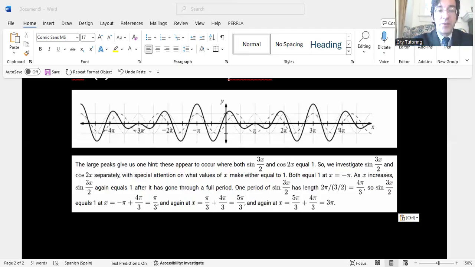Now, the phase shift of a function is always going to be in the following form.